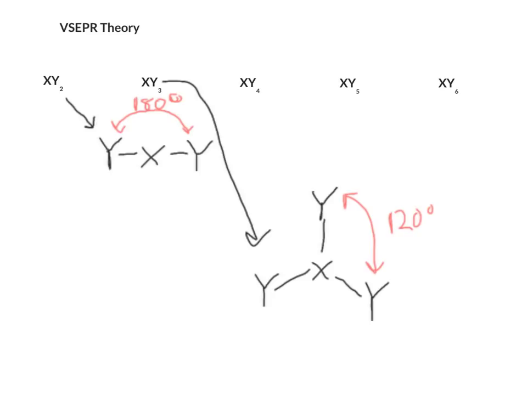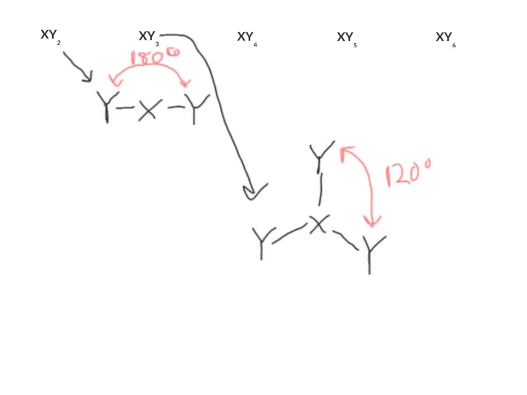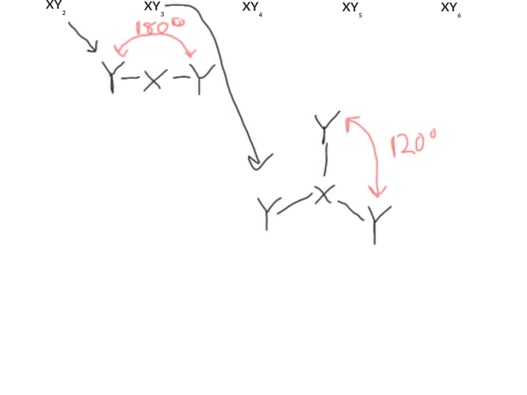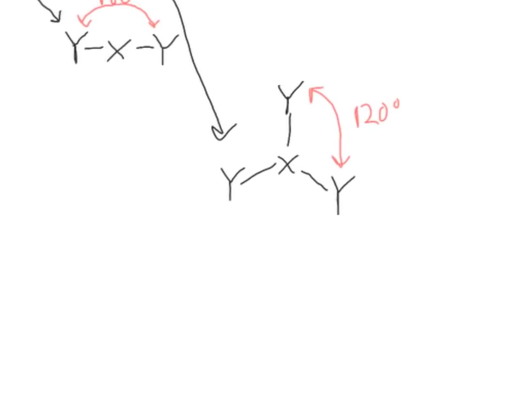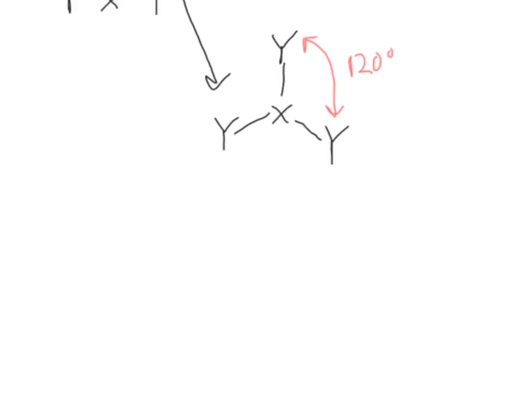So the next group, the XY_4 type, some central atom X. The bonds drawn here are in the plane of the screen.